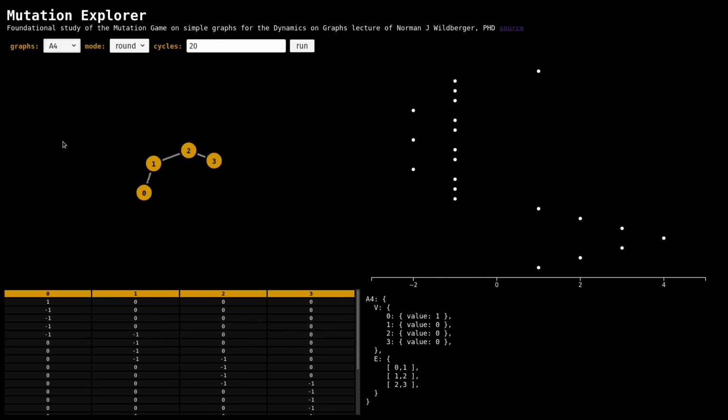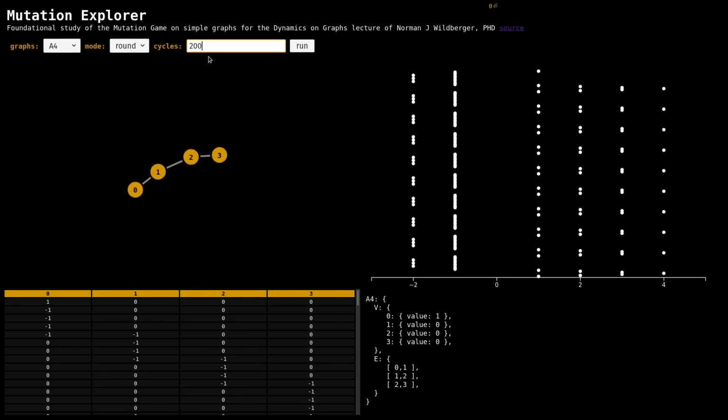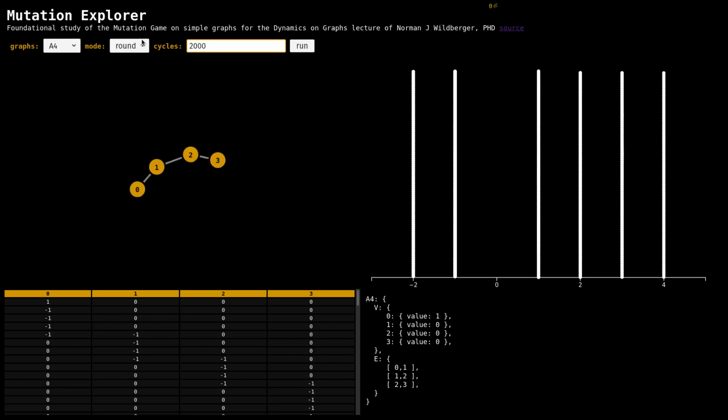Then we have our special graphs, which are the A, D, and E graphs. And here in A4, let's make this round and go to 200 and see what happens. And you can see now that no matter how high we put this up, we are definitely bounded, right?